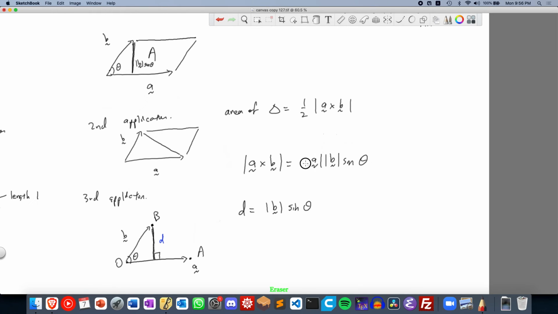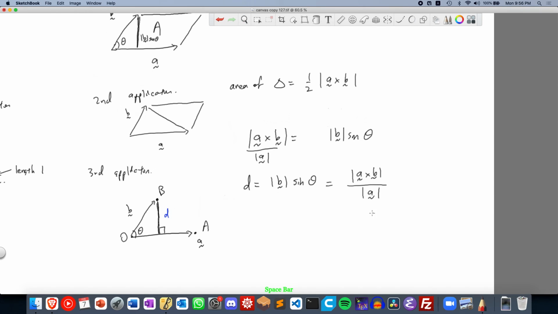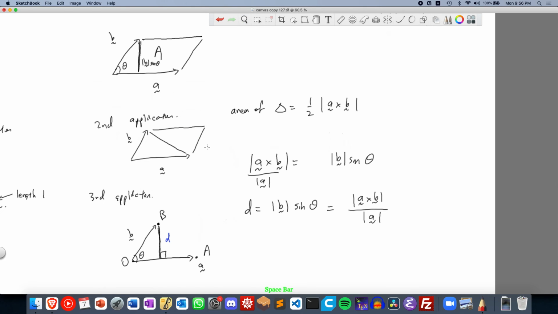Then we can rearrange it by bringing A over, and so we can express the shortest distance as the magnitude of the cross product divided by the length of A. It's similar to the parallelogram calculation, just that we're dividing by the base. So we have found a formula for the closest distance from a point onto a line if we simply know the directional vector of the line, which is A, as well as the position vector of the point, which is B. Just like that, we have calculated the closest distance from a point onto a line.